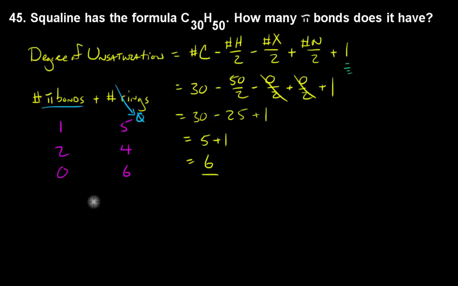Okay, most of the time though, if it's a huge number like this, the question will bias itself. So it'll usually say it's an acyclic molecule, or it's a totally saturated molecule, just so you have an idea of where to go. And again, it is impossible for you to know the structure of squalene just from this.